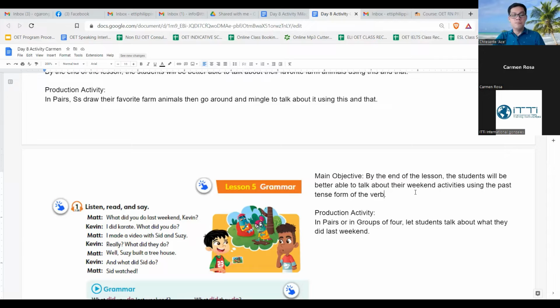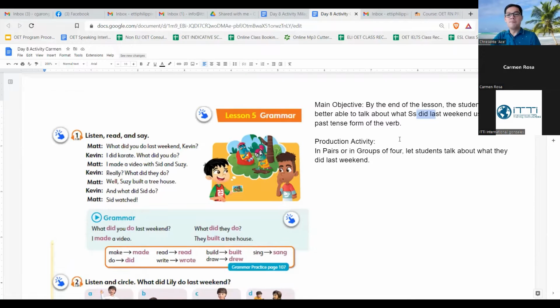Or, if you want to be consistent with the structure here, be better able to talk about what students did last weekend using the past tense form of the verb, because it has the did form here.